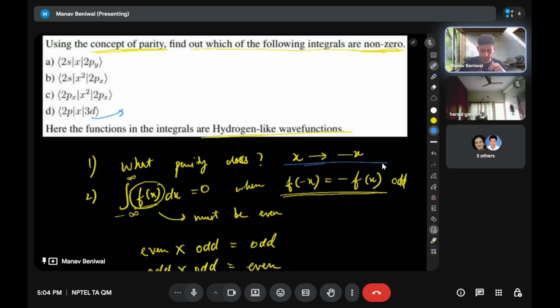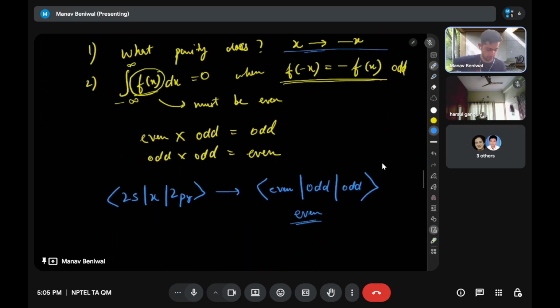Okay. So these are orbitals. I have misread the problem. So when we have orbitals, all of this remains the same, whatever we have discussed about these integrals.